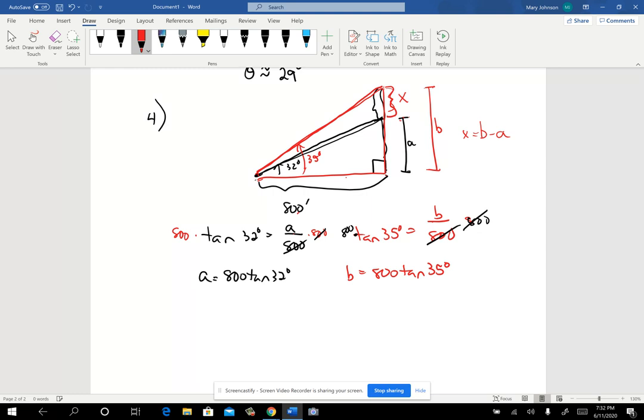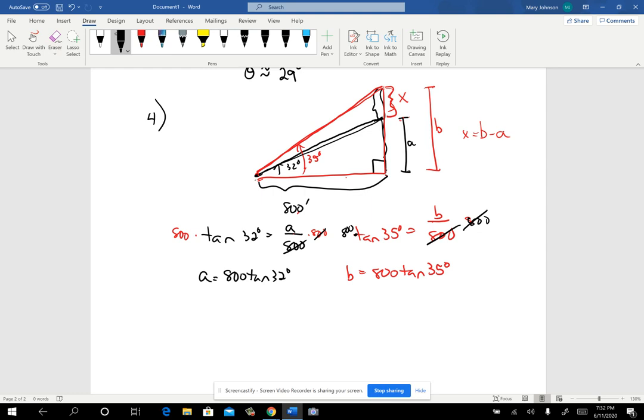Okay. And then I just do each of those on my calculator. Make sure you're in degree mode. Your mode doesn't change unless you change it. So if you are working a series of problems, you don't have to check on each one of those.